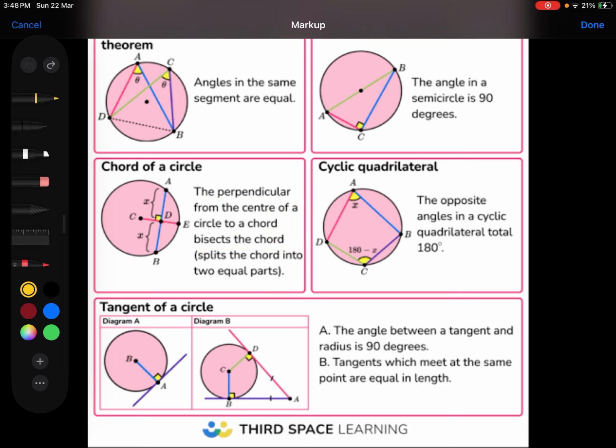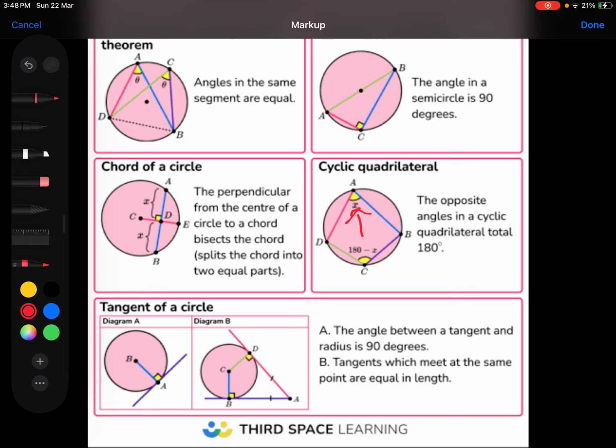Okay, for our next one, a cyclic quadrilateral. For this one, the opposite angles in a cyclic quadrilateral add up to 180 degrees. As you see inside the circle, there's a four-point shaped quadrilateral, and it's inside the circle, so it's called a cyclic quadrilateral. The opposite angles are this angle and this angle.